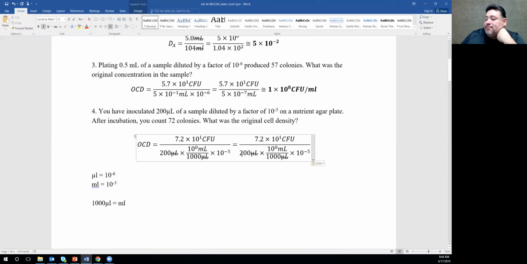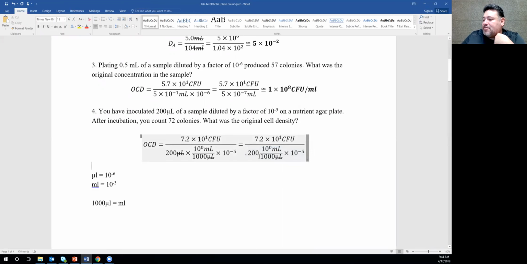So the microliters cancel. The 1,000 in the denominator disappears because we already divided by it. Okay. So the only thing that remains is this 10 to the 0.